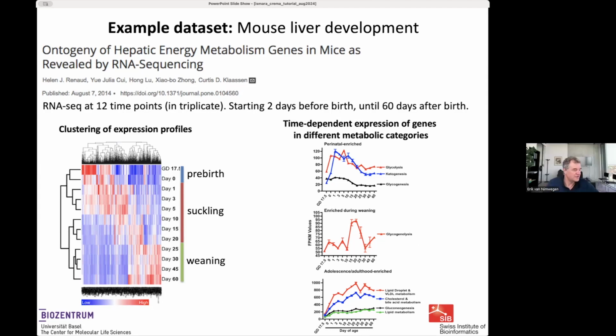You mean the depth of the... well, you didn't ask it. Okay, so I'm guessing that this is about the depth of the RNA-seq and how this affects.